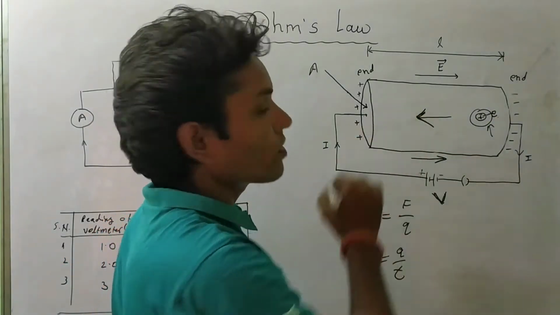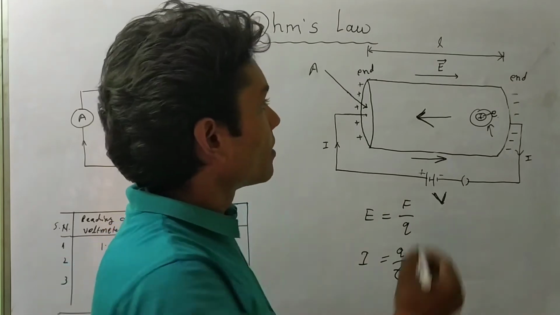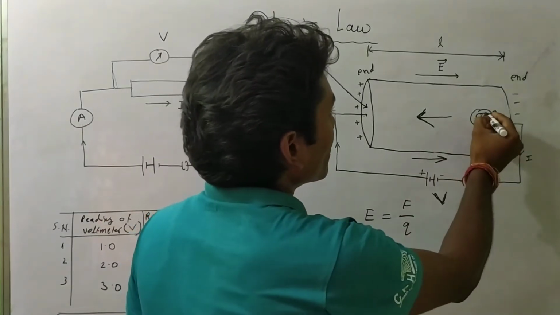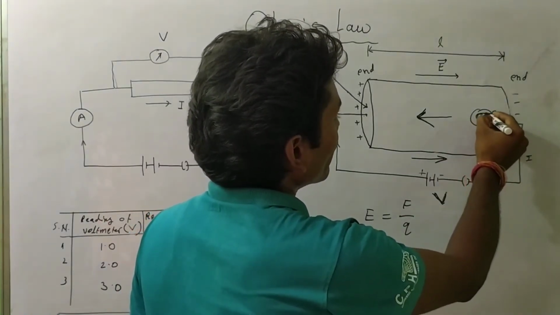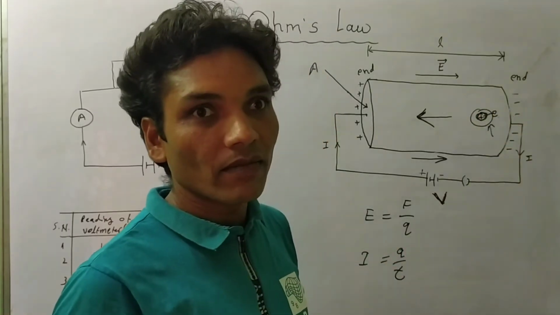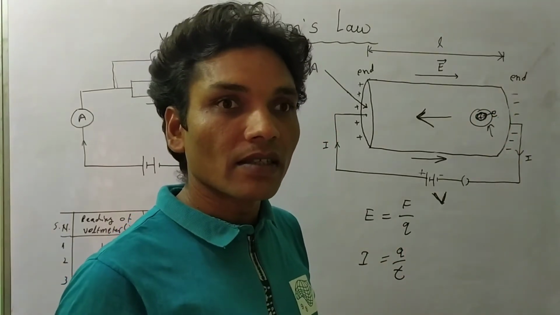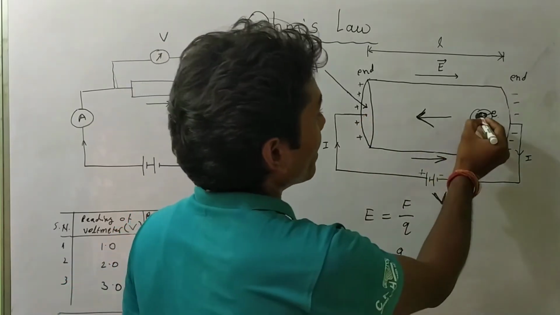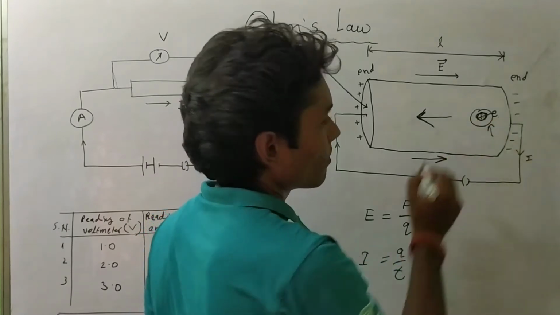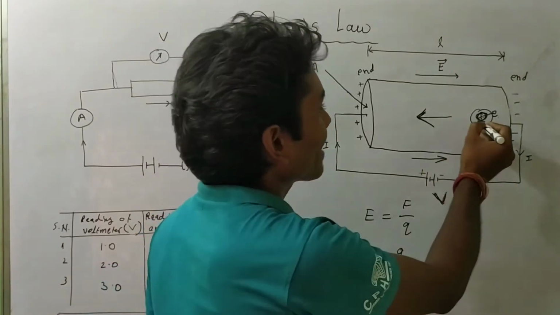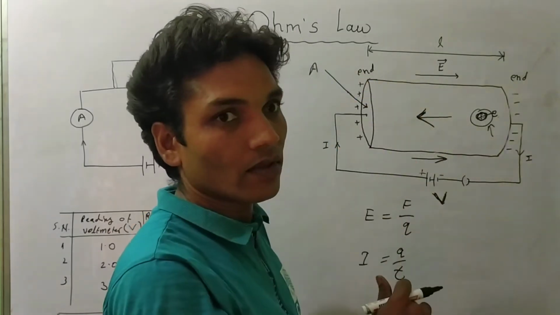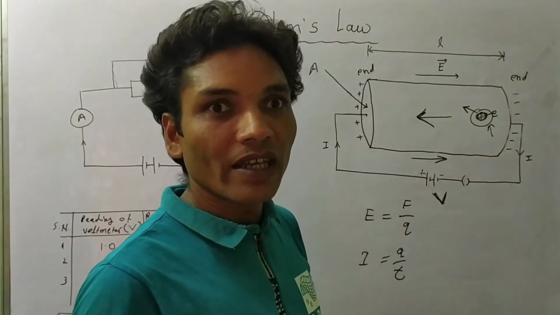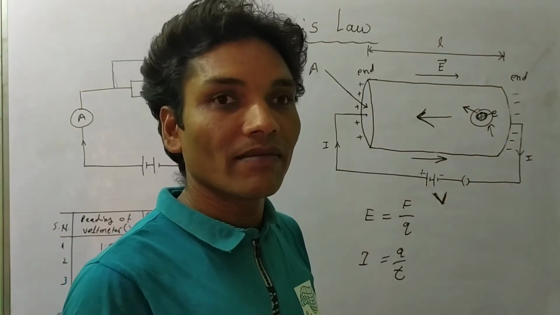If the attraction force is more, then an electron revolving in the interior orbit of the atom will also experience some attractive force towards the positive face. If the attraction of the nucleus is less than this attraction force, then this electron will also be removed, detached from the atom.